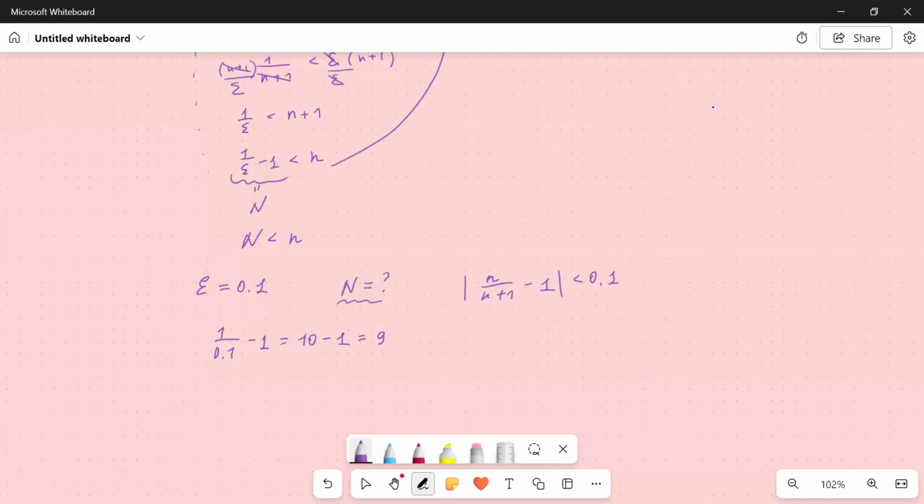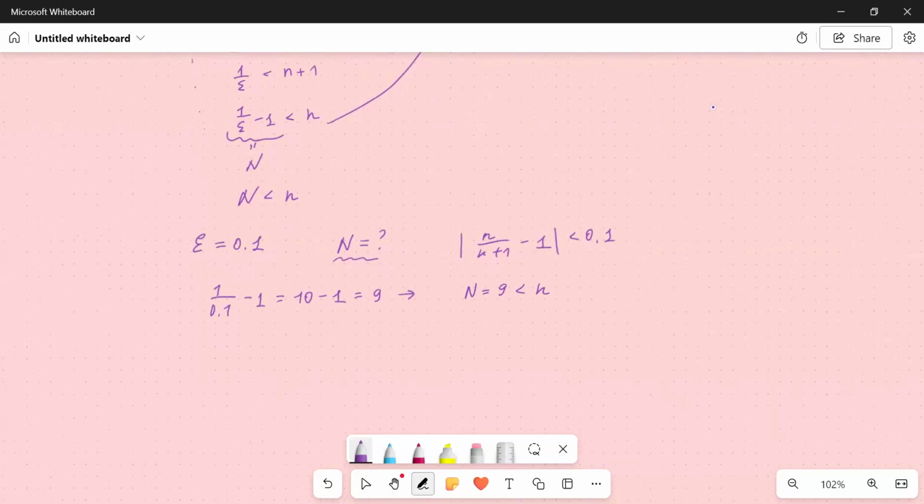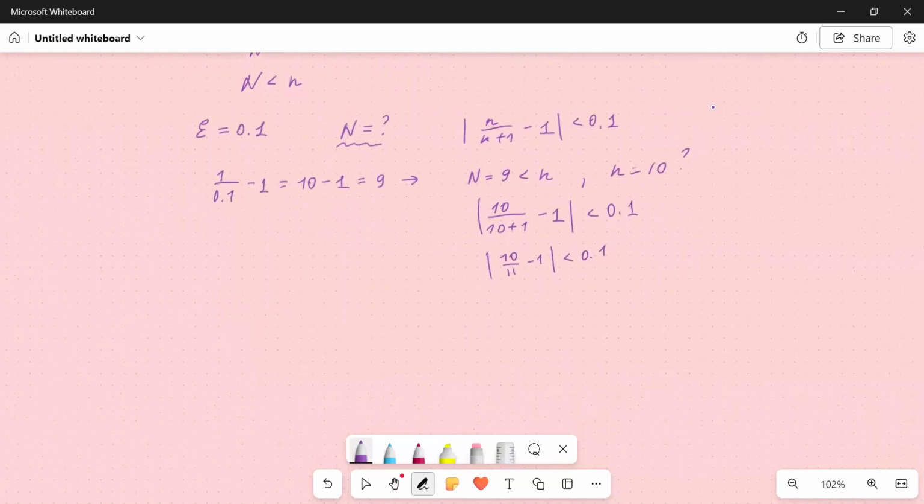So actually, from where we can say that for all little n which are greater than 9, this inequality is going to be true. Well, let's check it for n equals 10, which is greater than 9. Let's check. 10 over 10 plus 1 minus 1. Is it going to be less than 0.1? 10 over 11 minus 1 less than 0.1. I'll need to develop it a little bit to show you literally that it's going to work.